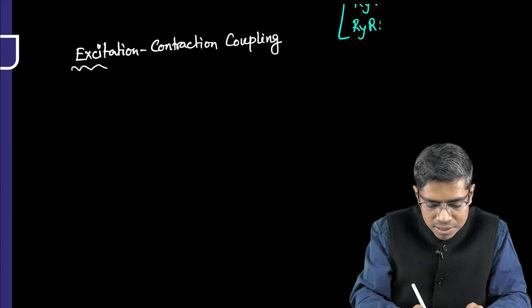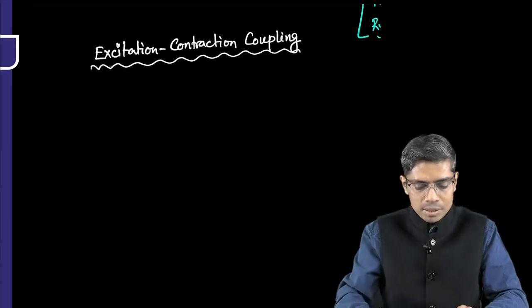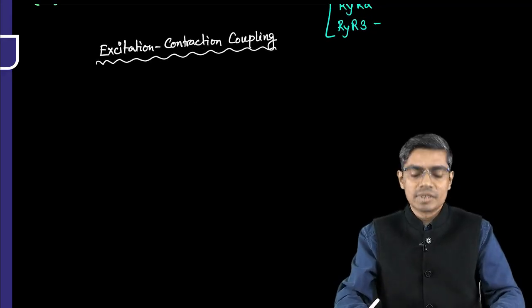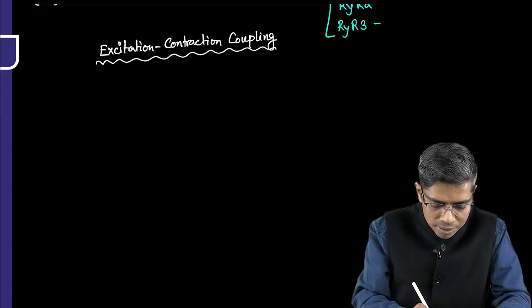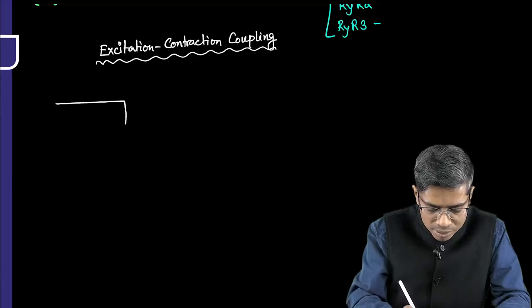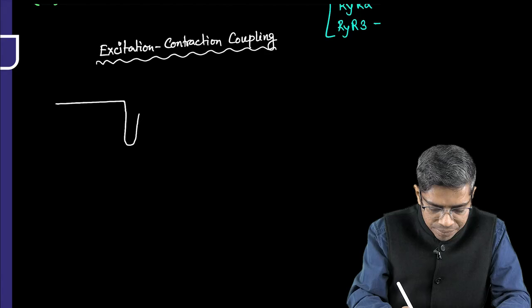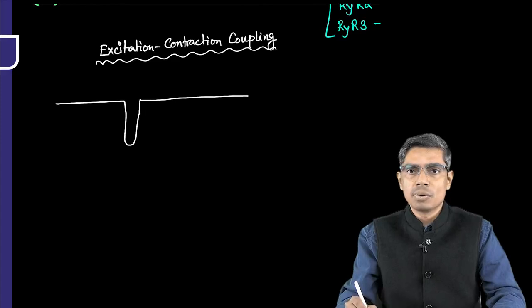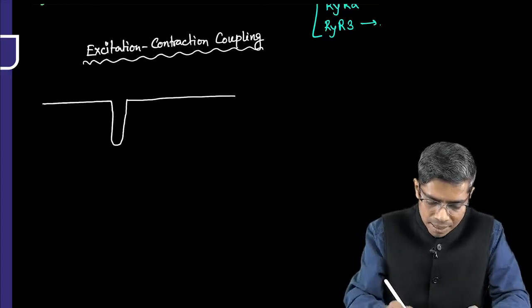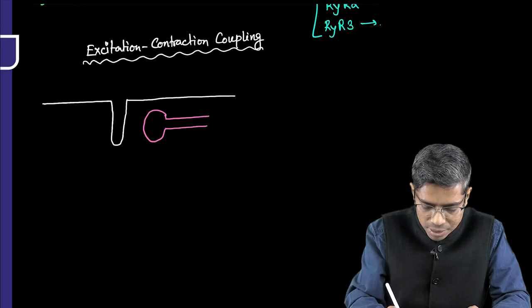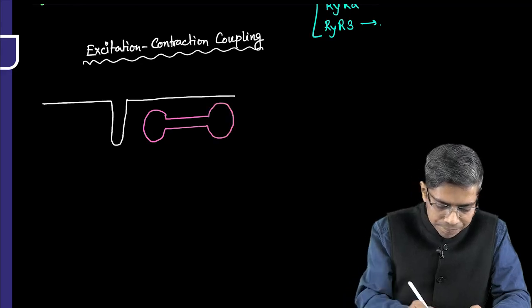We are going to discuss excitation contraction coupling of skeletal muscle and cardiac muscle parallelly. So I am drawing the skeletal muscle membrane. It is forming the T tubules. So this is the sarcolemma and T tubule. I hope all of you know this. And this is the cisterna, so this is sarcoplasmic reticulum.